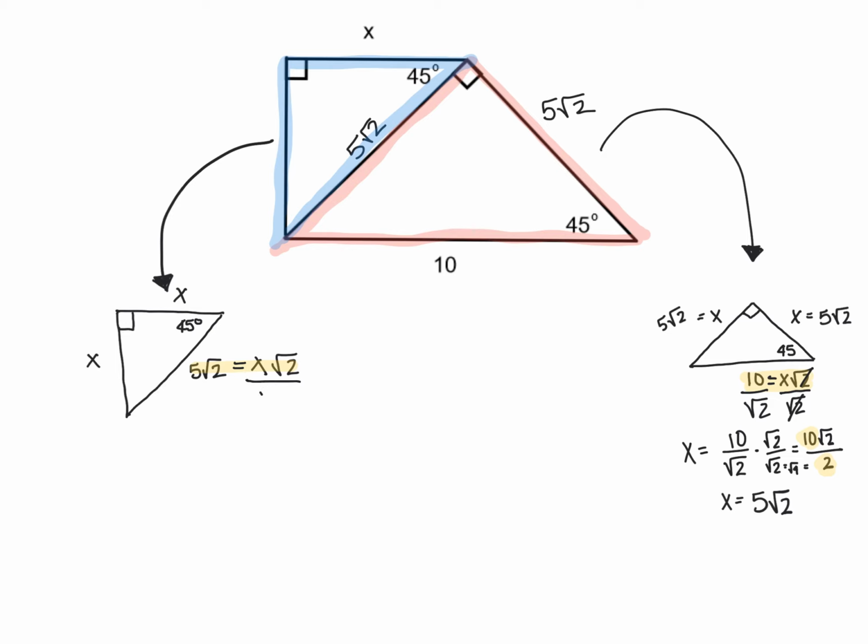To solve this, I would have to divide both sides by square root of 2. And that's going to make these square root of 2's cancel out, and then I can see that x is 5. And so this top side here was originally what I was looking for. And so x is 5.